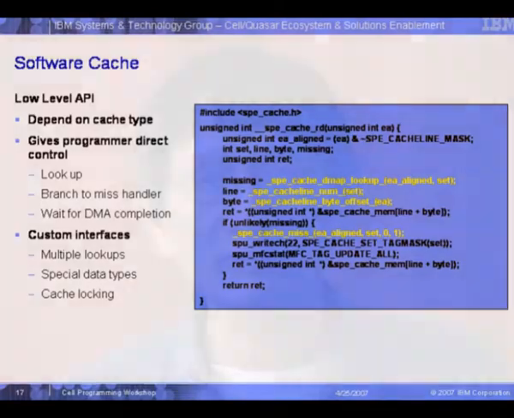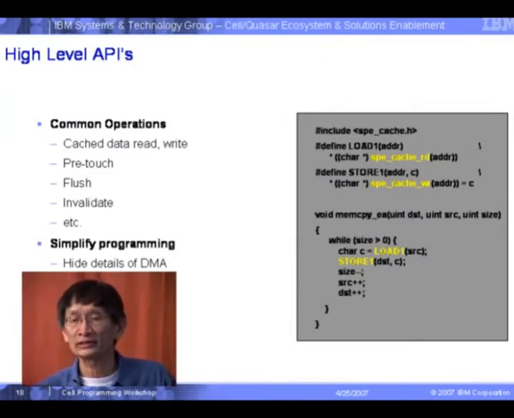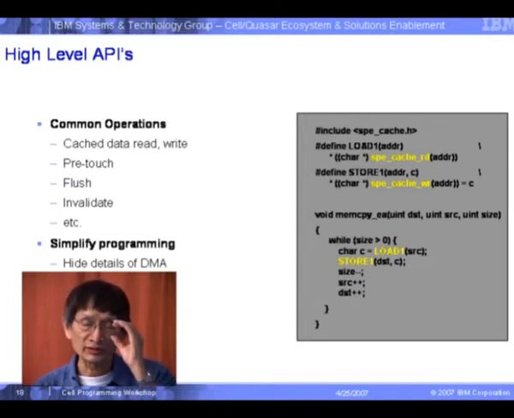Those are very low level APIs that we provide for the software developers to implement this cache strategy. At the other end, we also provide what we call the high level API.